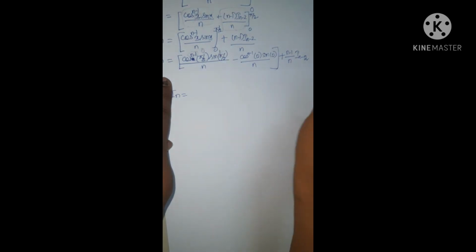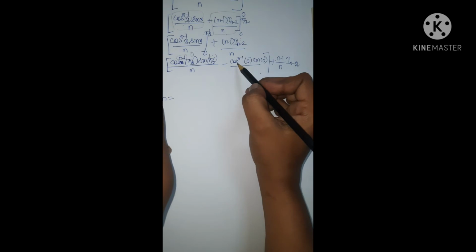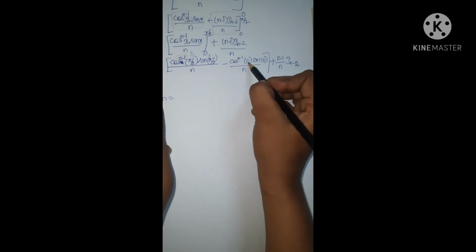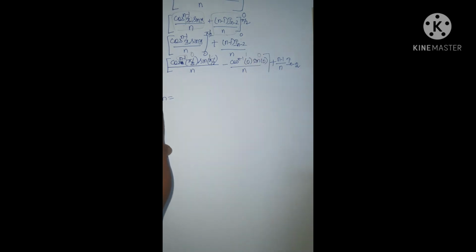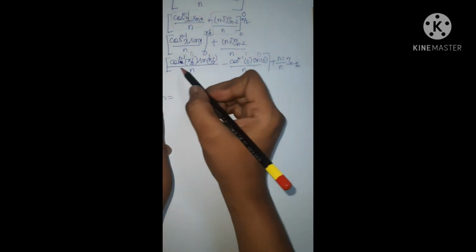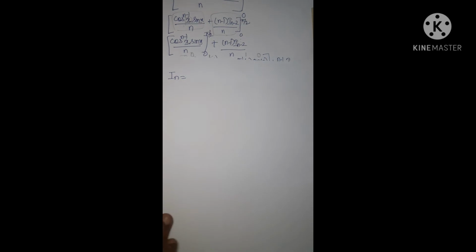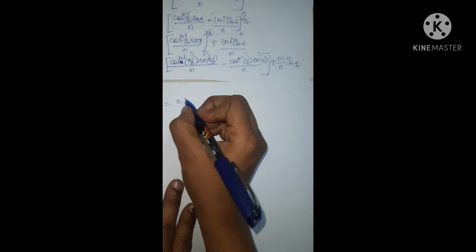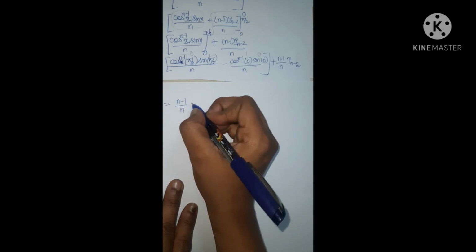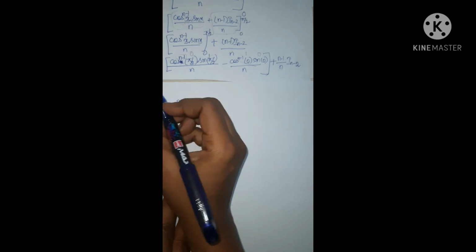So the first term will not be present. Here cos 0 is 1, but sin 0 is 0, so again 1 into 0 will become 0. In that case, the first expression will not be present in the following step. So we will be left with I_n = (n-1)/n I_(n-2).